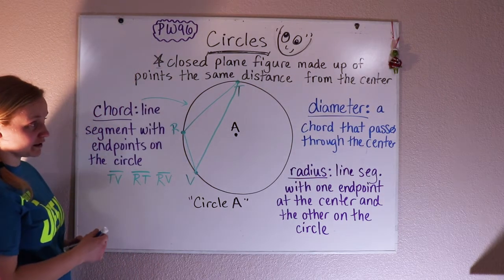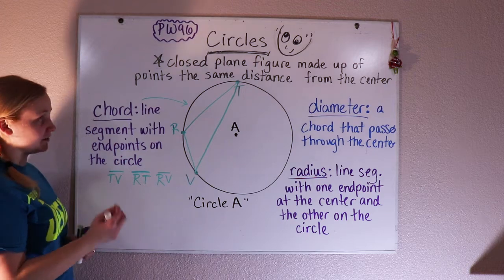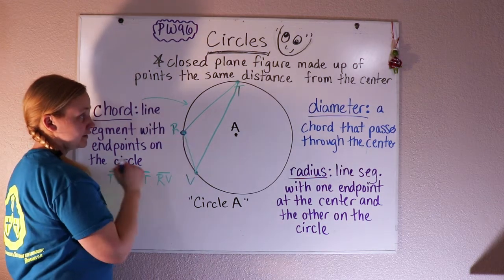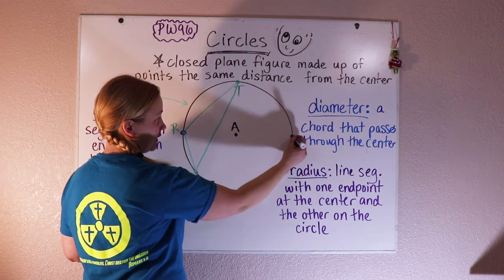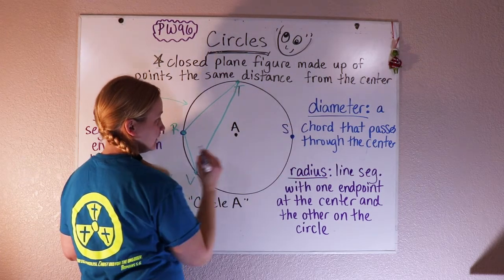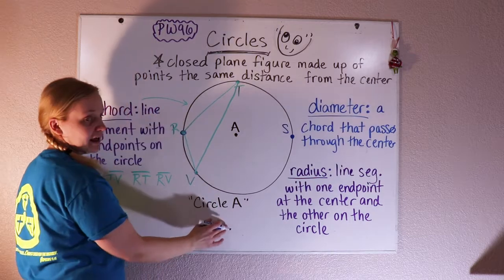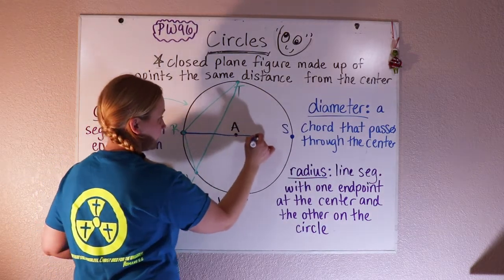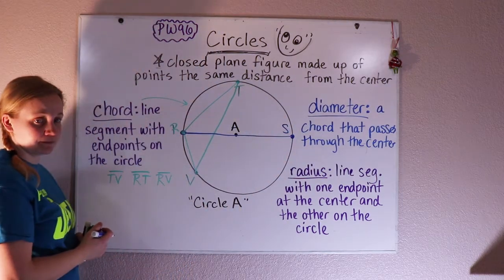Diameter is a chord that passes through the center. So let's just start with the point we already made, point R. We'll make another point over here and call it S. And we're going to go through point A this time because the diameter has to go all the way through the center to the other side.